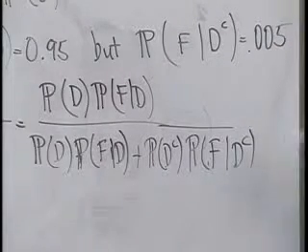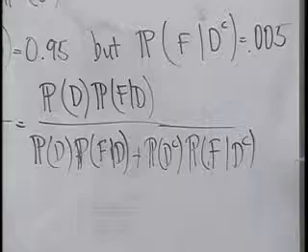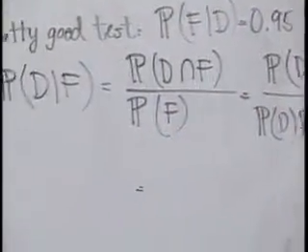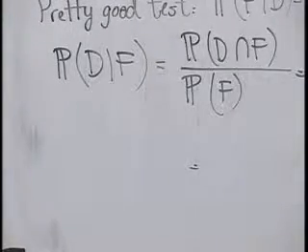Everyone happy with this? It's the same problem, a different storyline. And the interesting thing about this one is you can get a pretty good estimate of the answer by throwing away some of the numbers.